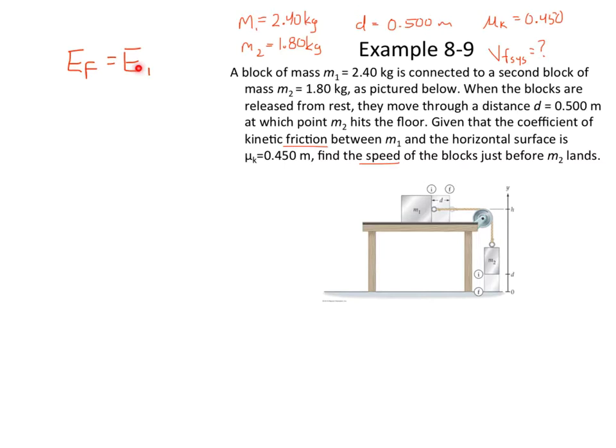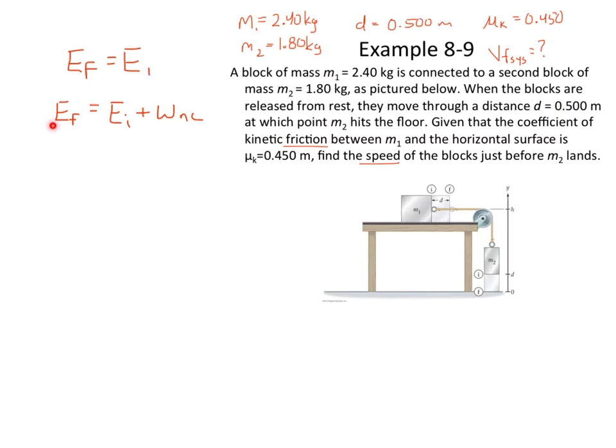But if we're talking about non-conservative work, then the difference between the final system energy and the initial system energy is accounted for by some non-conservative work that is done. This non-conservative work is going to be done by friction, acting through this 0.500 meter distance that the system falls through. So let's take these statements about final and initial system energy and break them into their various components.